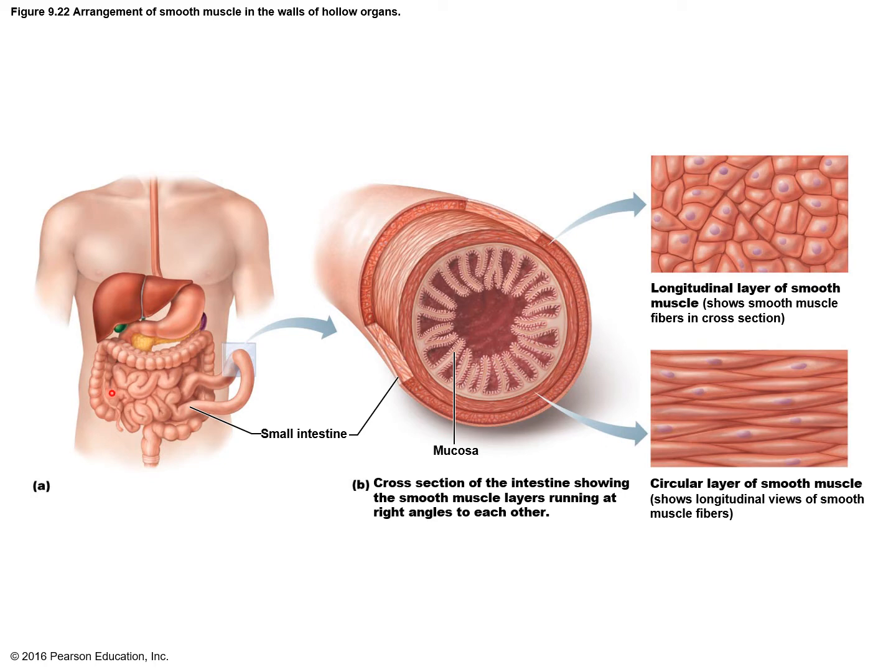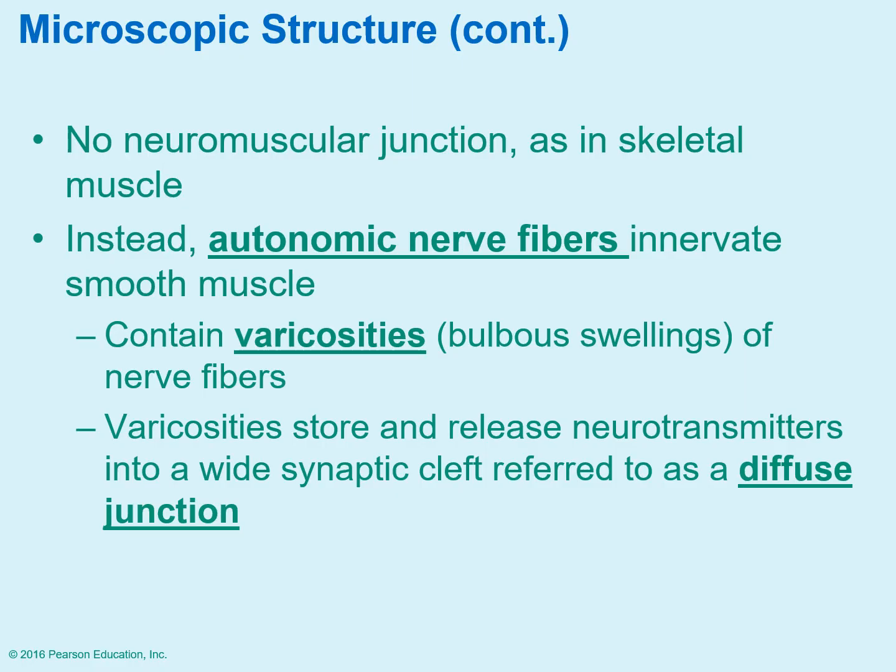So if you look at the digestive system, specifically the small intestines, you have your longitudinal layer, which is right here, the outermost one. So the fibers are running this way. And then you can see here, the innermost layer is the circular layer. So as these two contract, you get much better mixing that way.